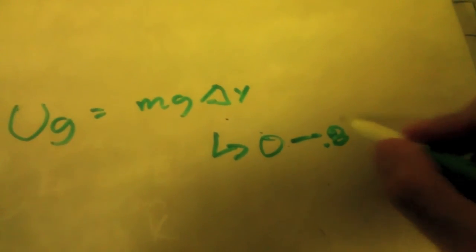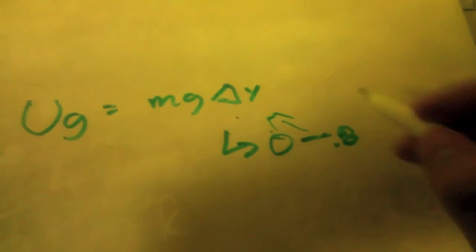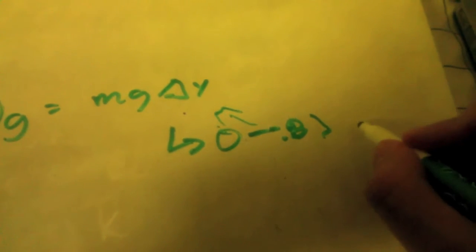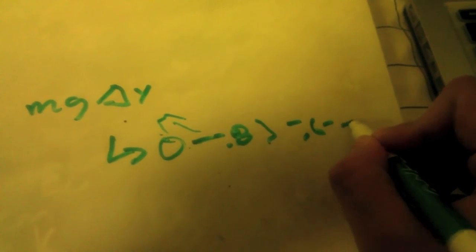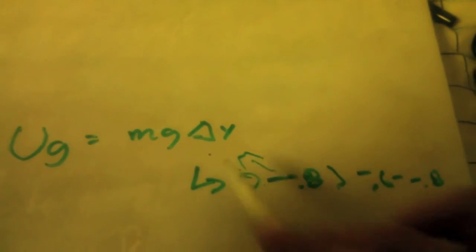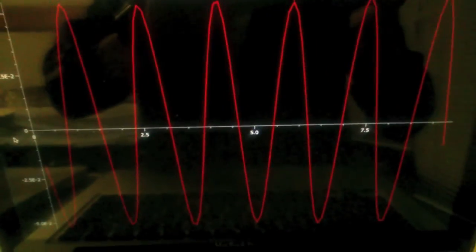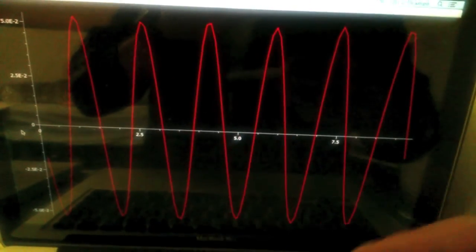So what does that do? That makes your change of y much greater than when it was from negative 0.6 to negative 0.8. Changing y is much greater when you change your origin, which is why this will affect the actual energy of the system, because if you change it to 0, the total energy of the system will be larger.